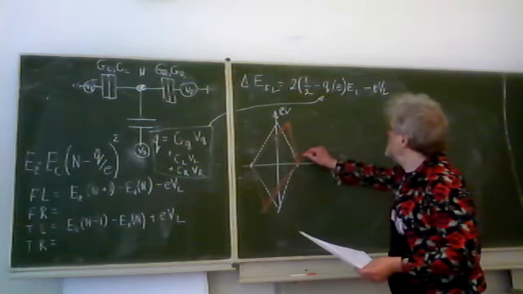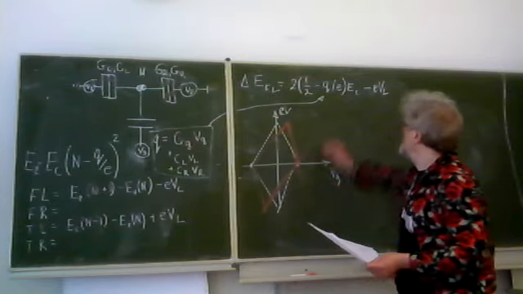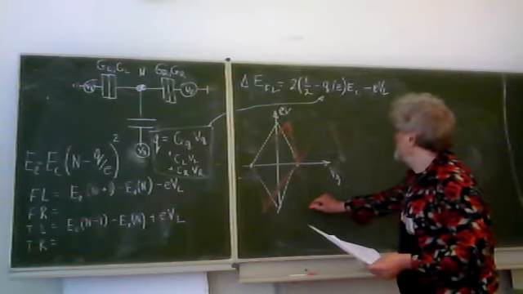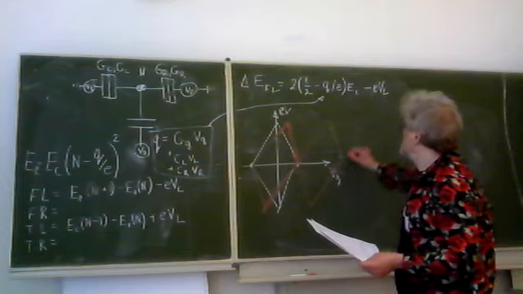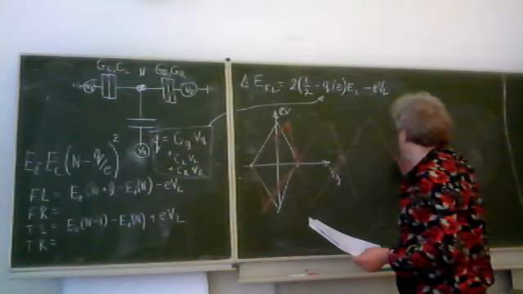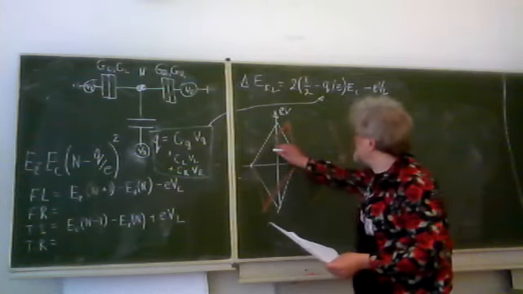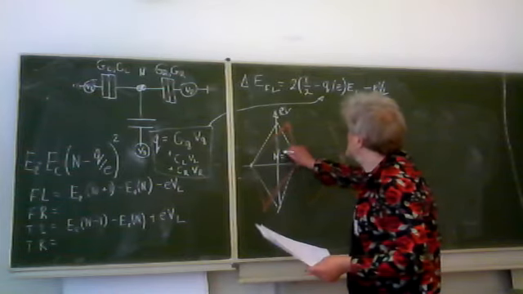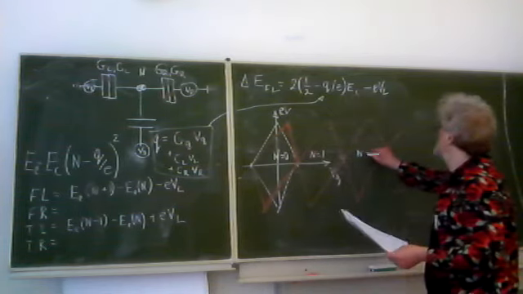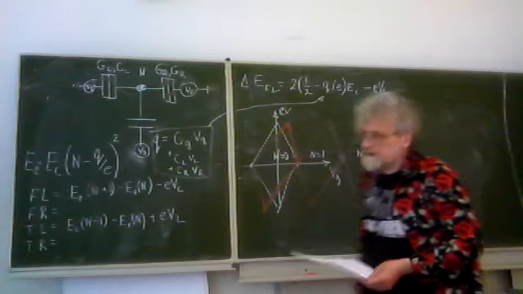Anyway, we still can make a periodic system of these diamonds, which will correspond to different states: 0, 1, 2, and so on.